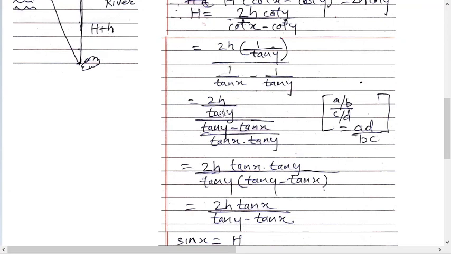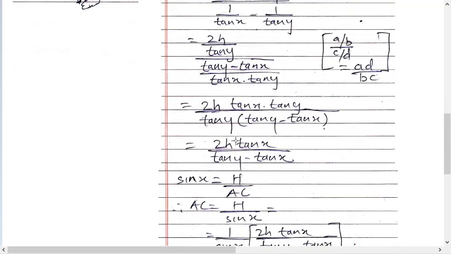So 2h upon tan y, the whole upon tan y minus tan x upon tan x tan y. Now a upon b, the whole upon c upon d equals ad upon bc. Remember this always. So you get 2h tan x tan y upon tan y into tan y minus tan x, equals 2h tan x upon tan y minus tan x, as this tan y gets cancelled.